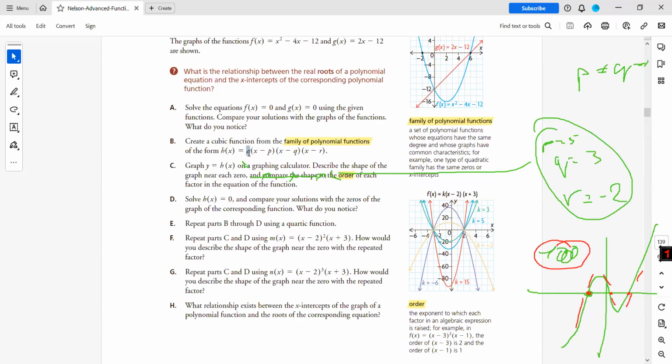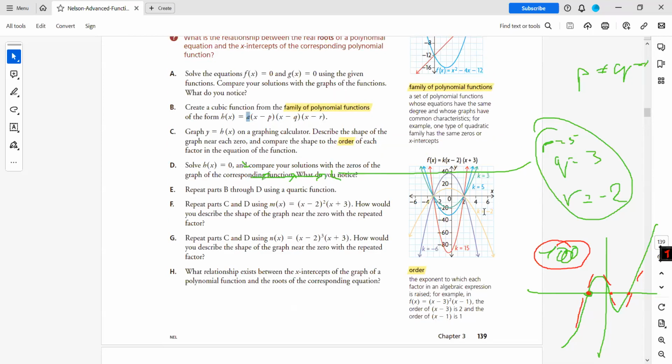This is the leading coefficient that we are always looking into. So order is the exponent to which each factor in an algebraic expression is raised. For example, f of x equals x minus 3 to the second degree times x minus 1. The order of x minus 3 is 2, and the order of x minus 1 is 1.